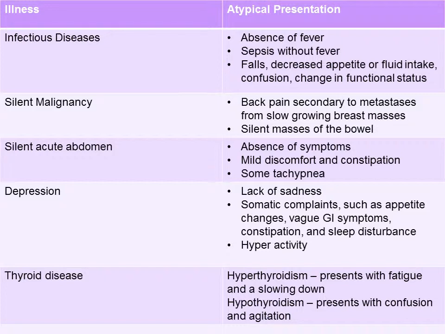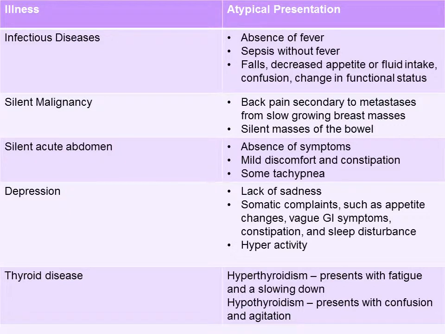Remember that older adults often have baseline temperatures below 98.7, so look at their baseline to determine if they are febrile. I just made this chart for you. I want you to review this chart. It gives you the illness on one side and then the atypical presentation on the other.